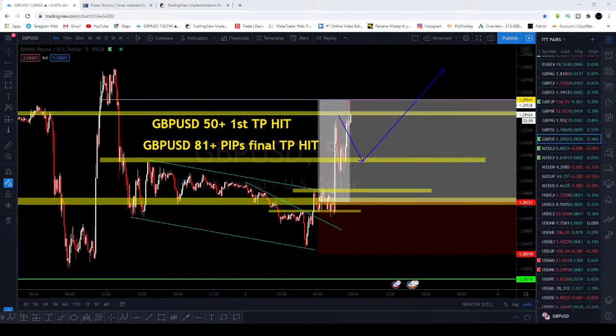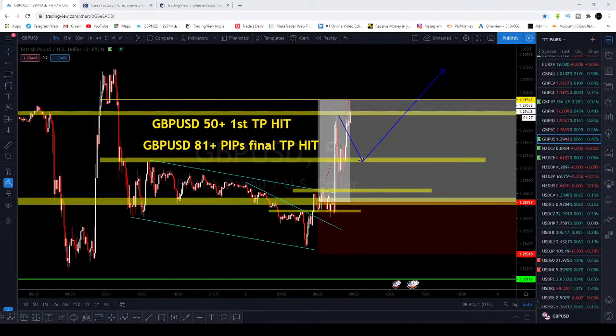So RSI and stochastic oscillator, I was using it for divergence, of course, as a lot of people are still doing. But ever since then I kind of left all of them. Not that I don't know how to use the 50 moving average, 200 moving average, 100 moving average, stochastic oscillator, RSI, and you can just continue naming all these indicators, right? Not that I don't know how to use them.